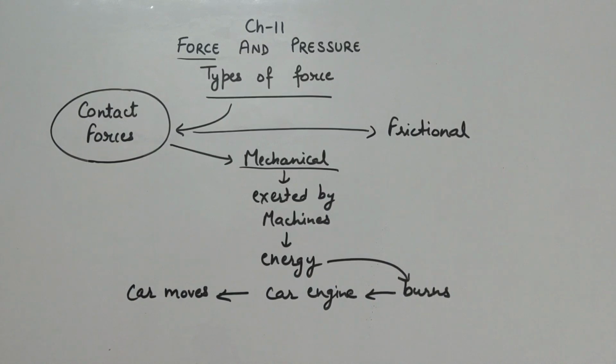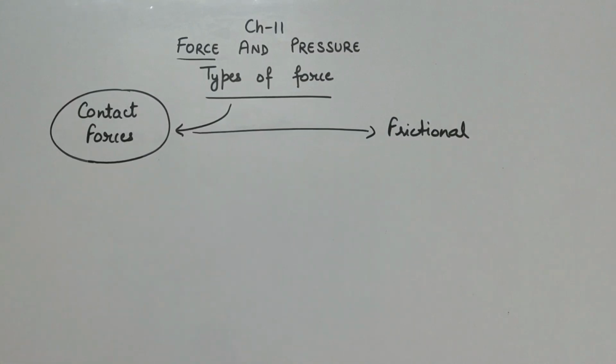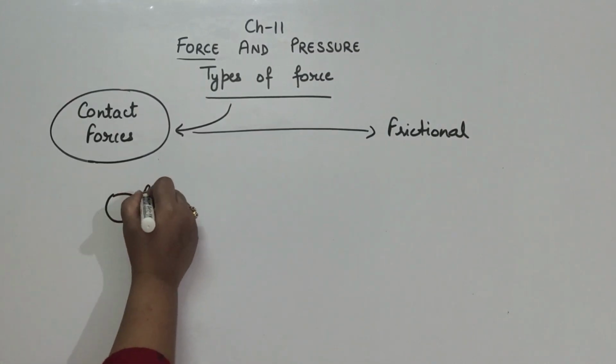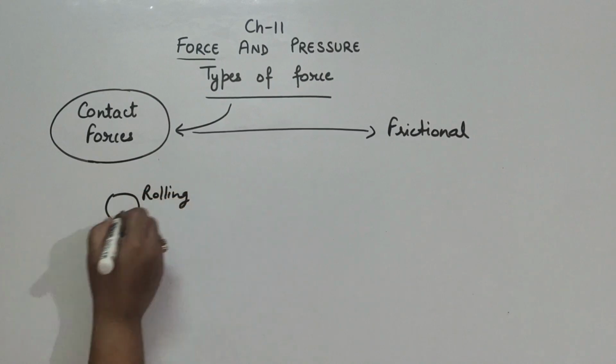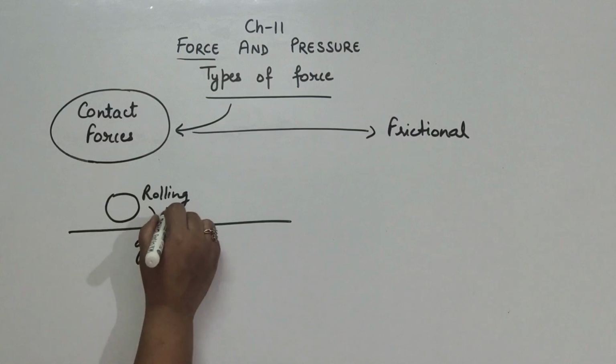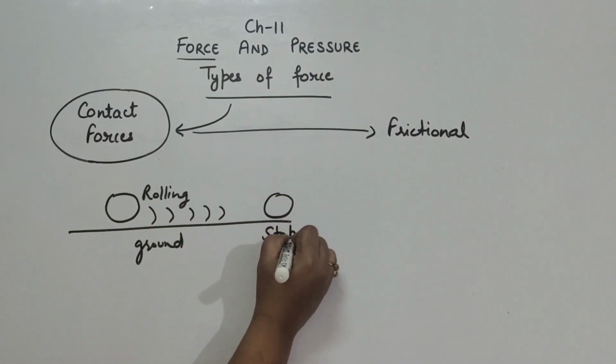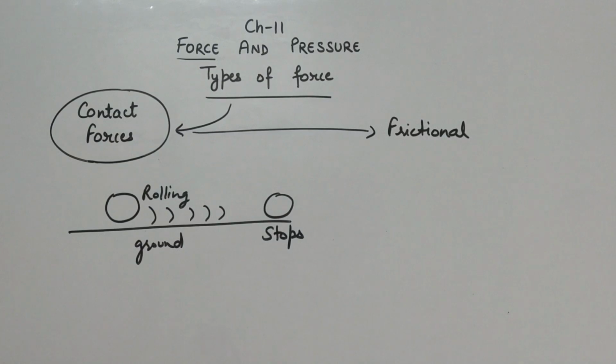Now, the third type of contact force is frictional force. You must have observed a ball rolling along the ground, gradually slowing down and finally stopping. Now, the question is how the ball stopped. Is there any force acting on it?